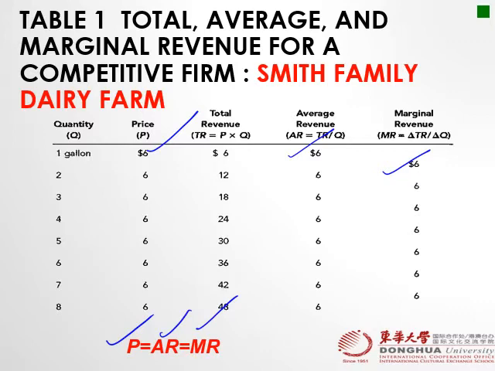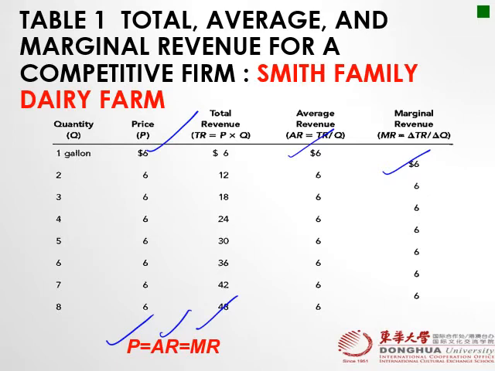Okay, so we know that we can find the total revenue, right? But the average revenue is calculated like this. If you want to believe me, then you just copy the price and paste it here. If not, then there is the legitimate formula: total revenue divided by quantity.